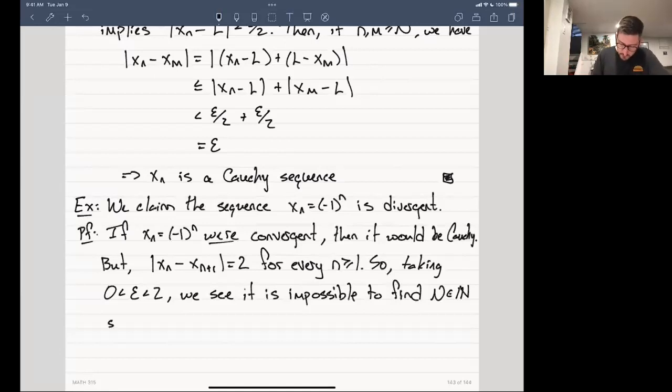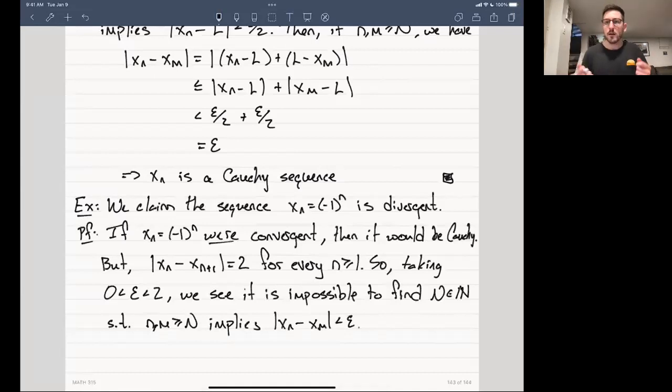So such that n and m greater than or equal to n implies xn minus xm is less than epsilon.